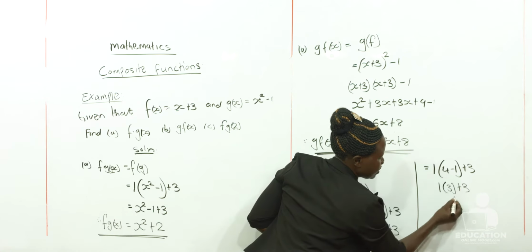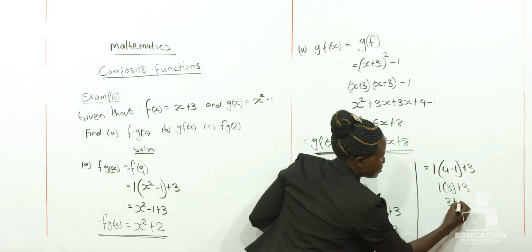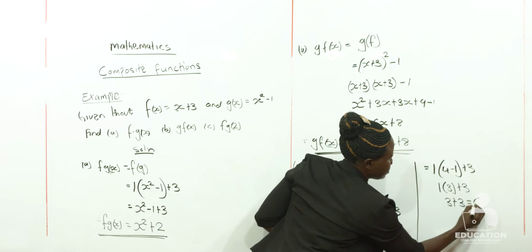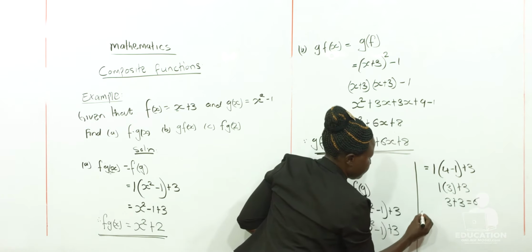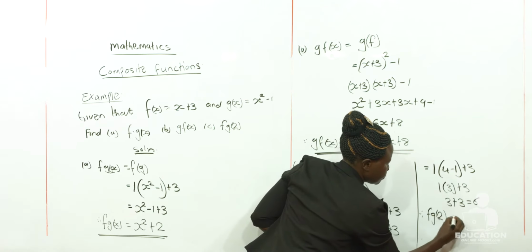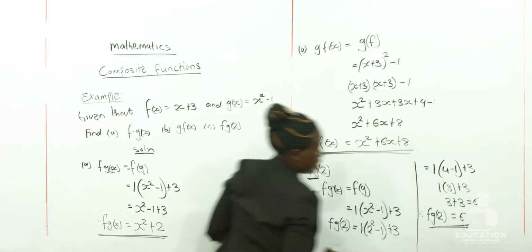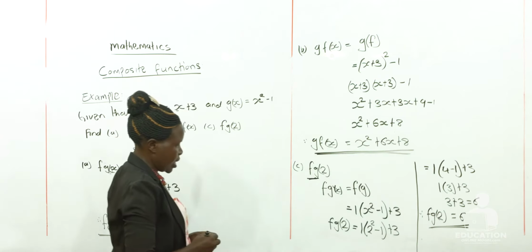When you open the bracket at this level, we get 3 plus 3, which will give us 6. Then you say, therefore, fg of 2 equals 6.